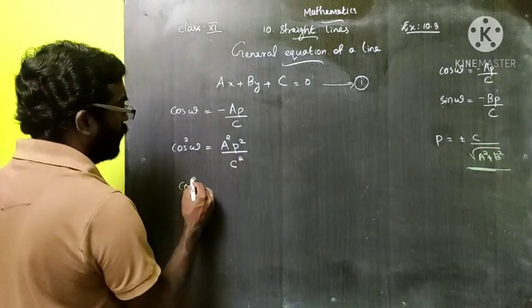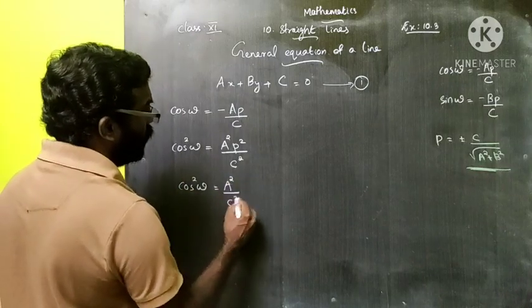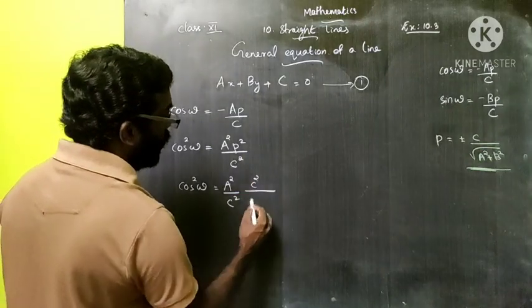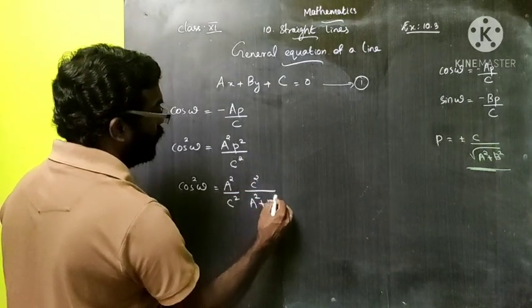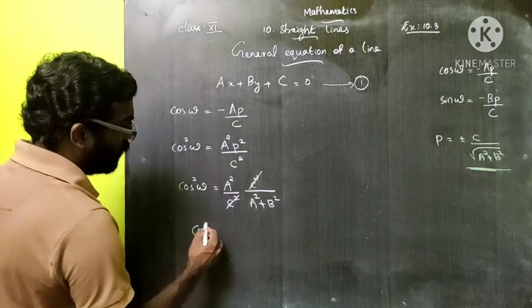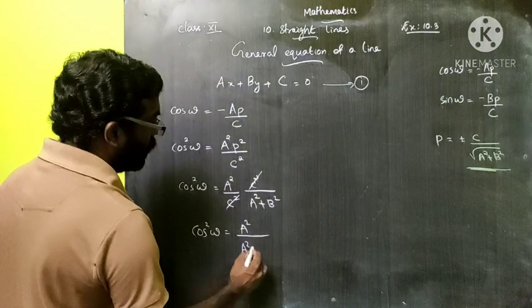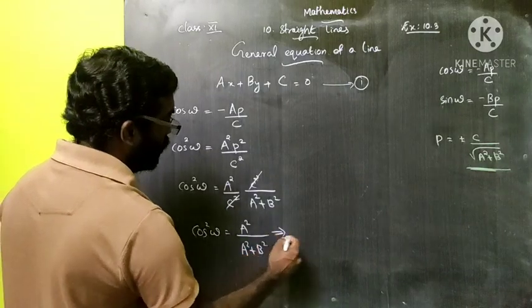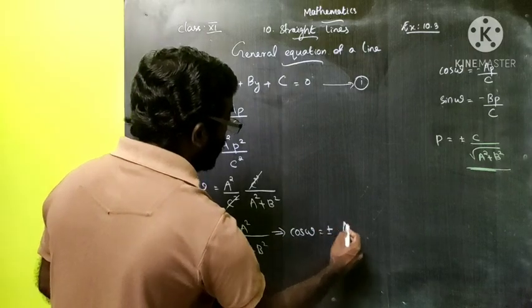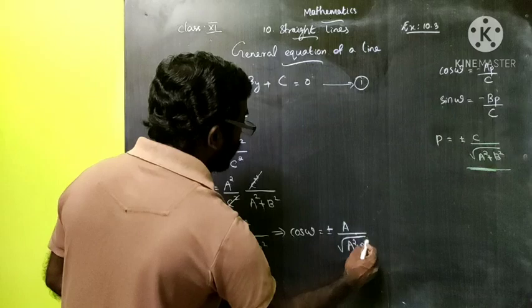That is cos square omega is equal to A square by C square into the value of P square, which is C square divided by A square plus B square. These two values we can cancel. Cos square omega is equal to A square divided by A square plus B square, which implies cos omega is equal to plus or minus A by root of A square plus B square.